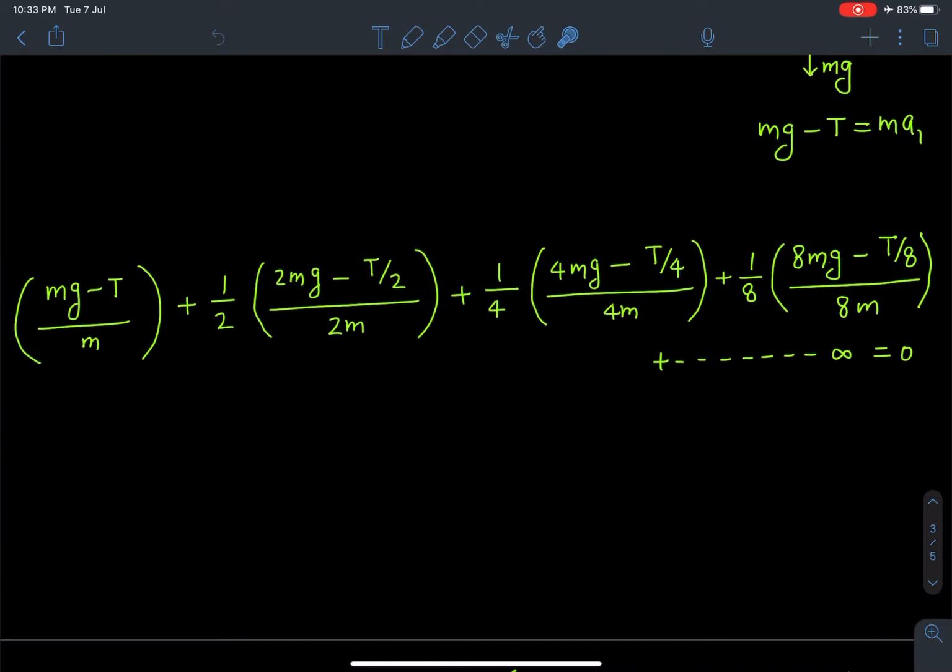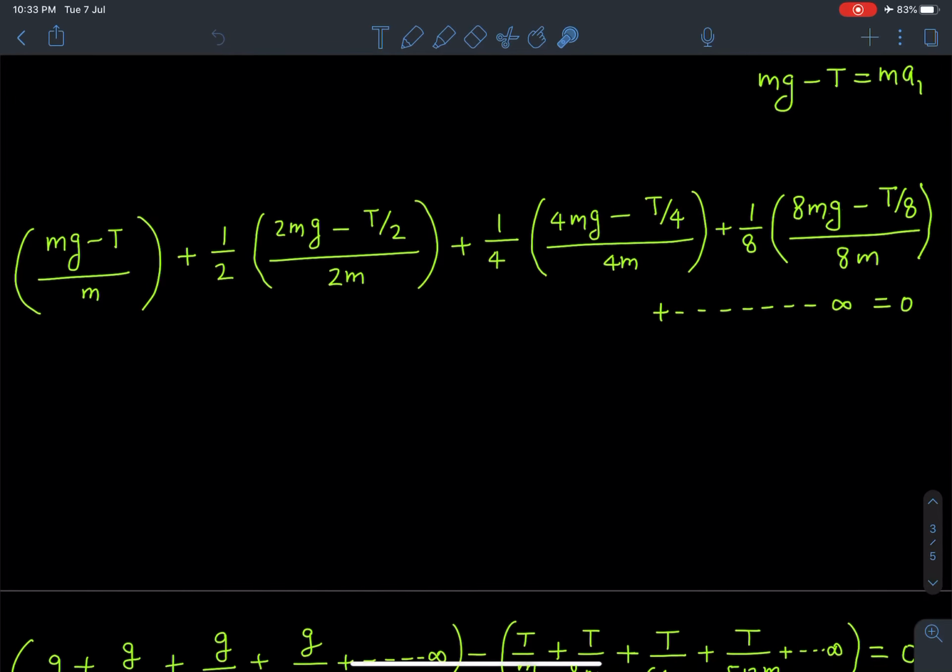Similarly, for the next one it will be 1 by 4 times a3, where a3 is (4mg minus T by 4) divided by 4m. For the next mass we write 1 by 8 times a4, where a4 is (8mg minus T by 8) divided by 8m. This will continue till infinity, and we equate it to 0.